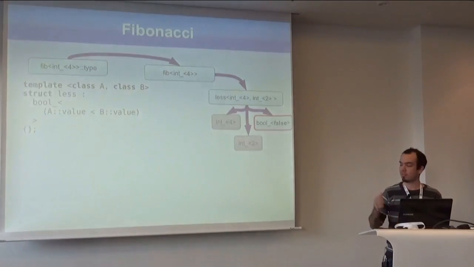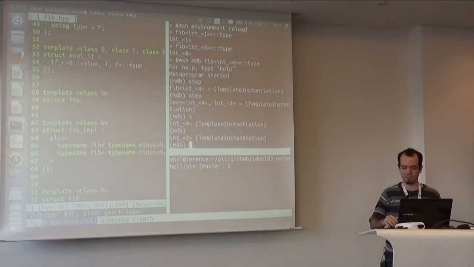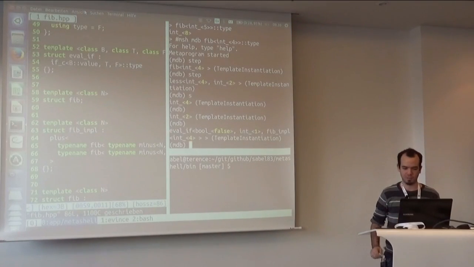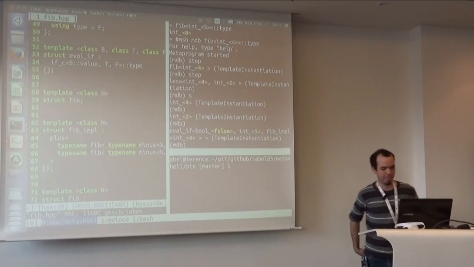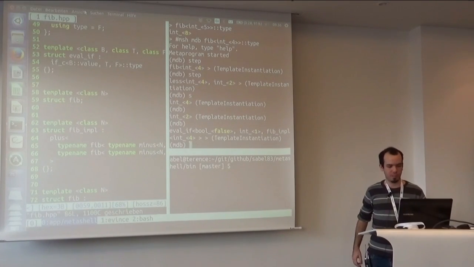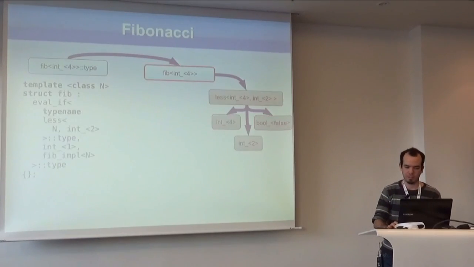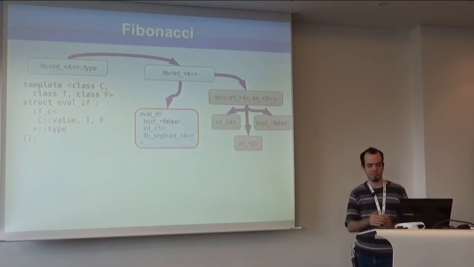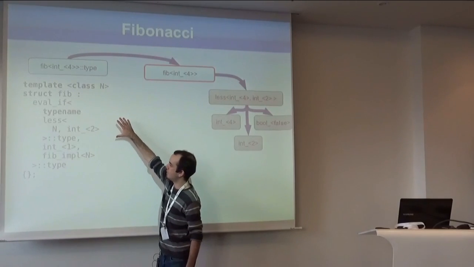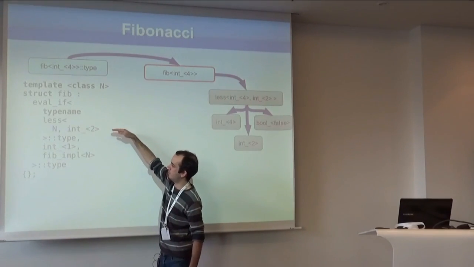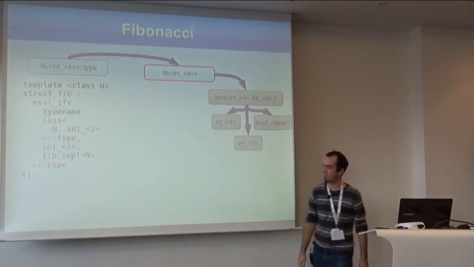And of course, we will instantiate the result of the metafunction as well. So that didn't happen. Anyway. Okay. So now we get to the evalif part, because if you look at the implementation, every parameter is ready to be passed to evalif.